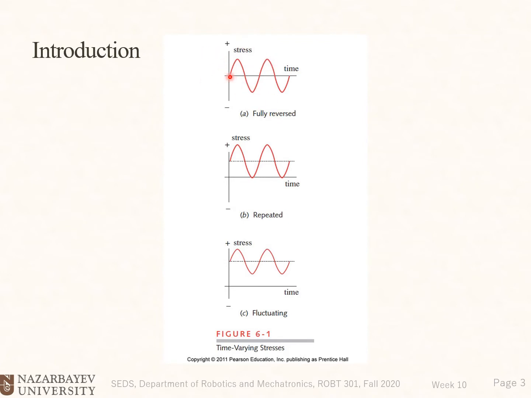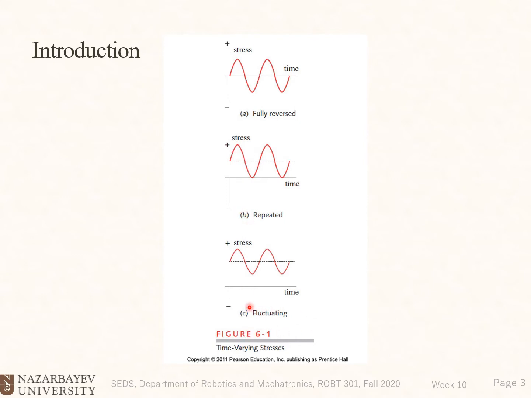Basically, it's just a pure sinusoidal load that goes from minimum to maximum, and the mean value here is 0. Okay, we have repeated time-varying loads, which are sinusoidal, but the minimum is 0, and it is shifted equal to the amplitude of the sinusoid.